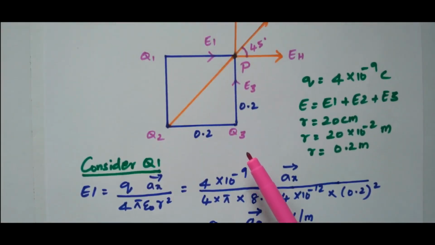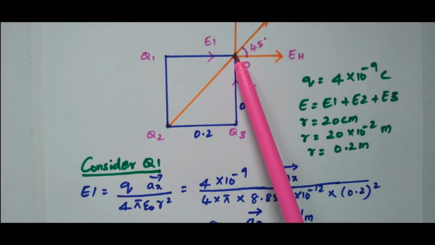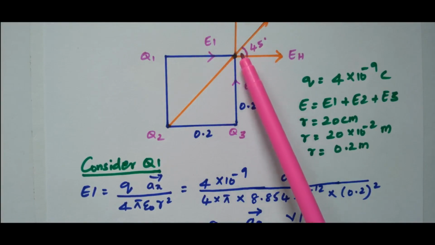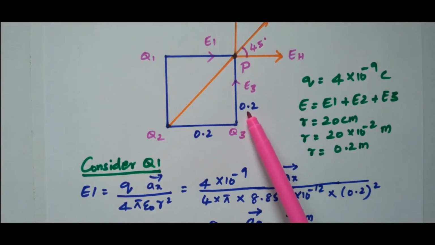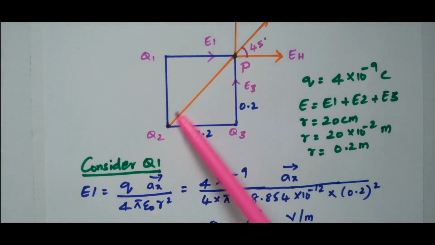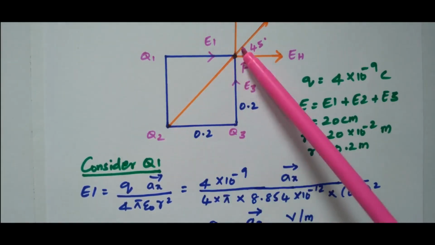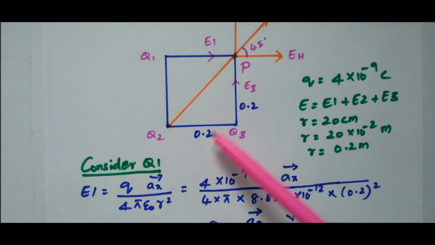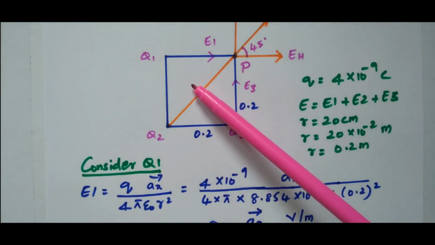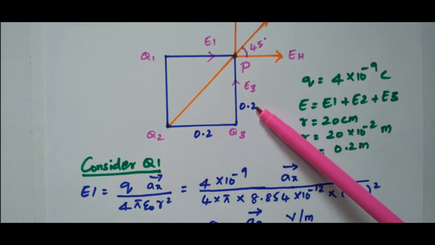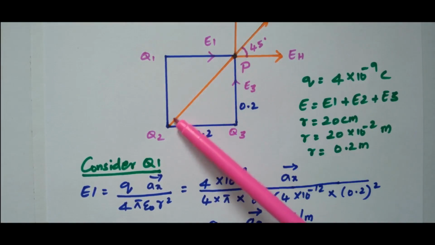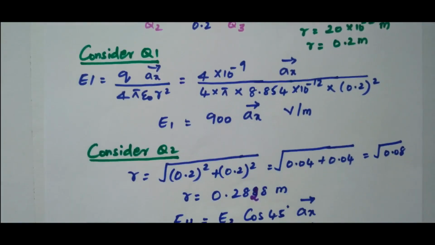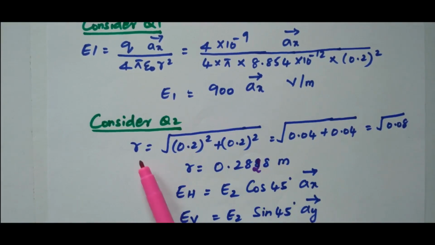From the diagram, the distance between point P and Q1 is 0.2. Distance between point P and Q3 is also 0.2. But the distance between Q2 and point P is not known. We need to find it from the Pythagoras theorem, because these two values are known, 0.2, 0.2. So R equal to square root of 0.2 square plus 0.2 square.